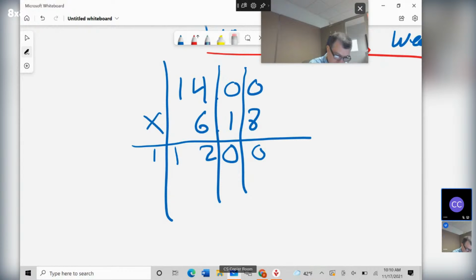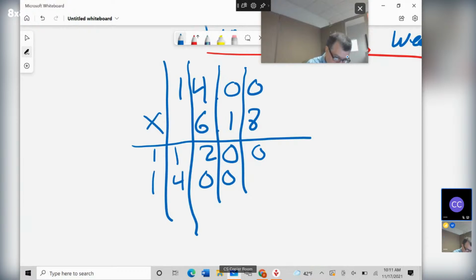Let me see, I just erased something here. Okay, so 0, 0, 8, carry the 3, that's 11, okay. 1 times 0 is 0, 1 times 0 is 0, 1 times 4 is 4, and 1 times 1 is 1.